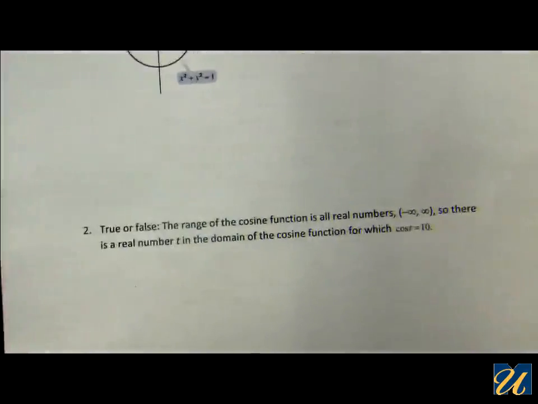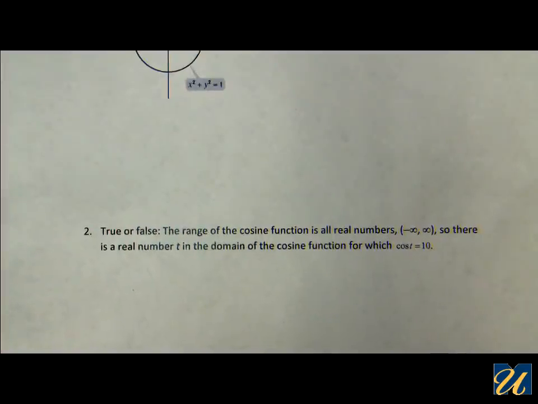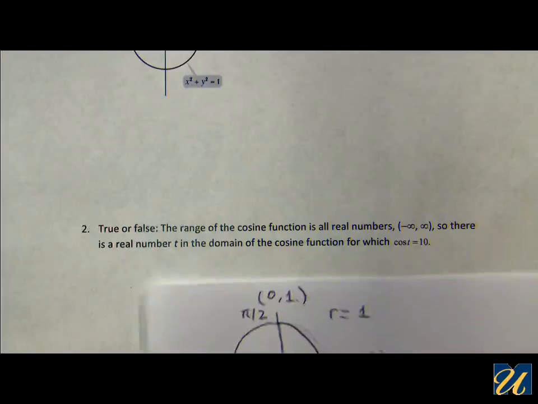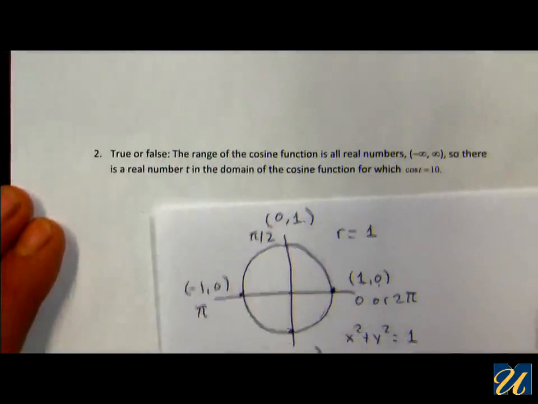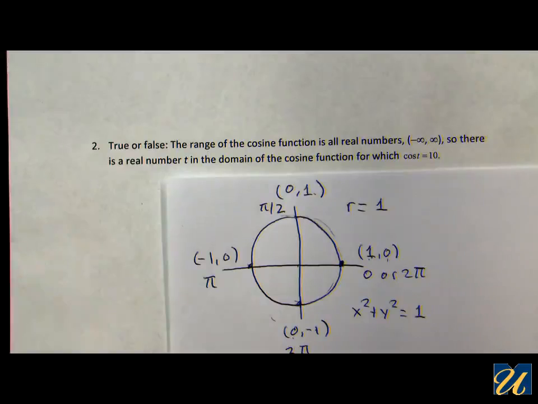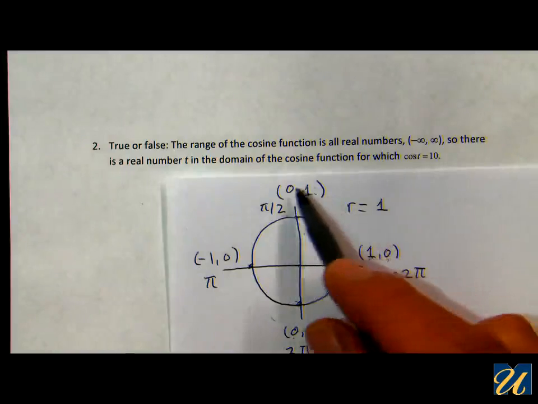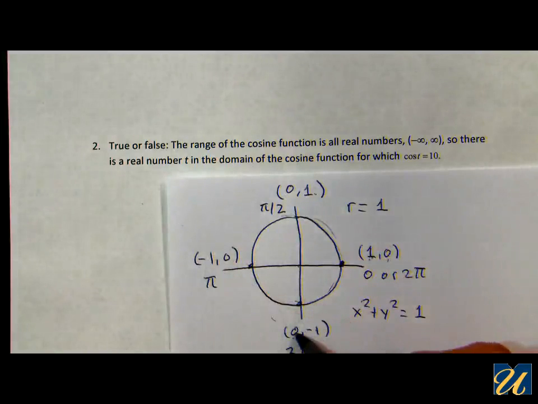True or false, the range of the cosine function is all real numbers, negative infinity to plus infinity. So there is a real number t in the domain of the cosine function for which cosine t equals 10. Well, no, if we look at the unit circle here as we had before, the cosine is the x coordinate on the unit circle, and that varies from 1 to 0 to negative 1 to 0.